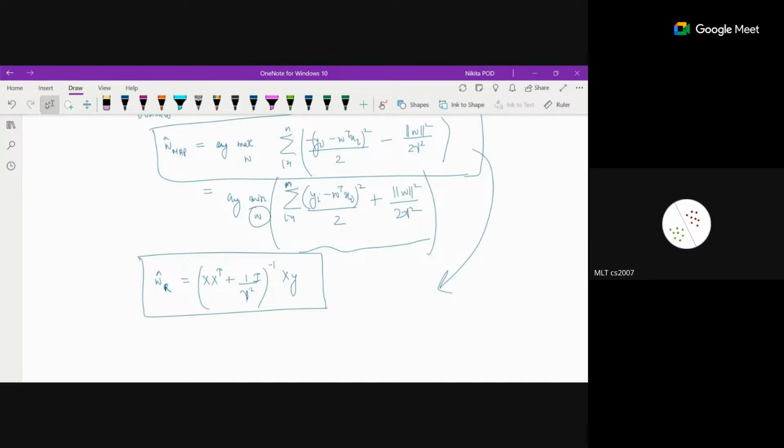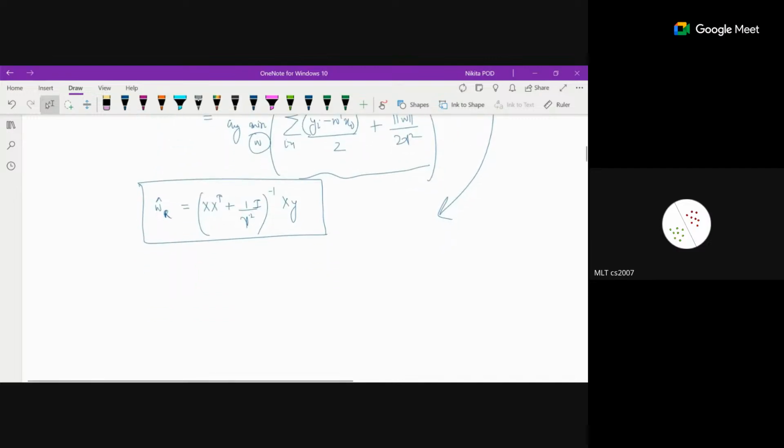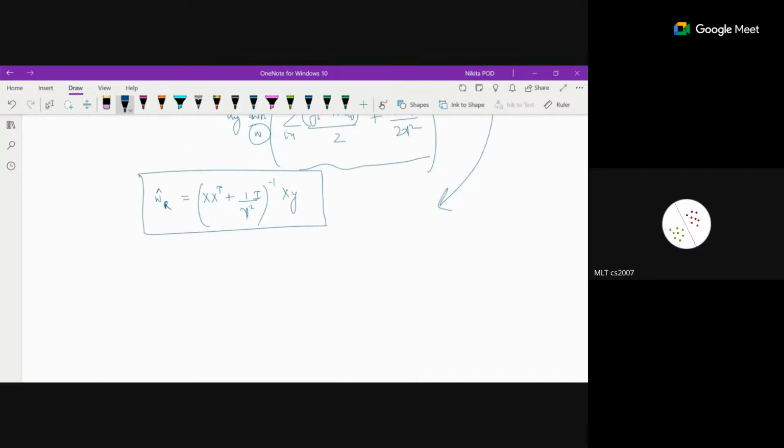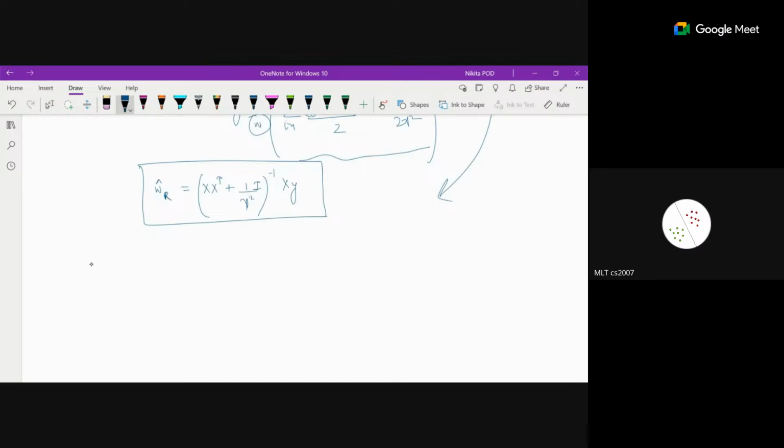So in short, what we saw is that for linear regression, the W hat ML was arg min over W of the sum of (W transpose xi minus yi) whole square, i varying from 1 to n.